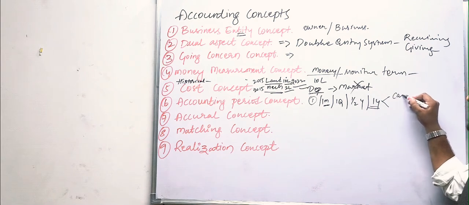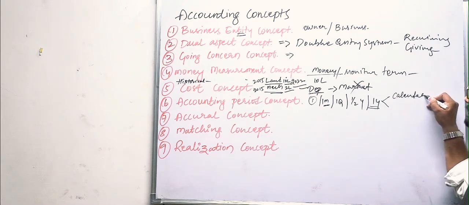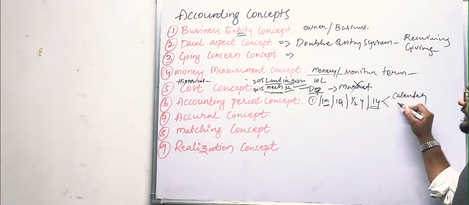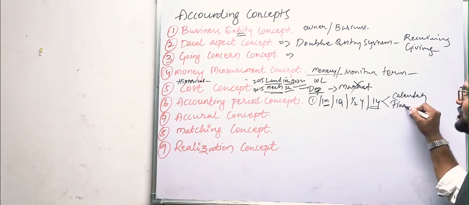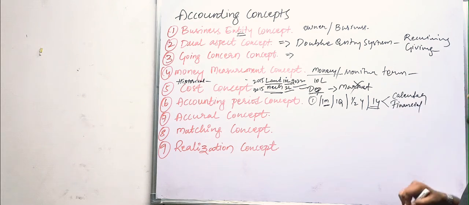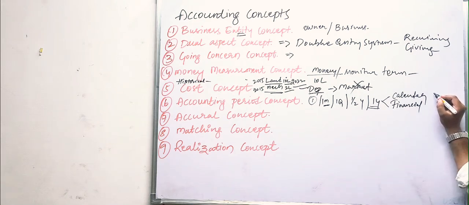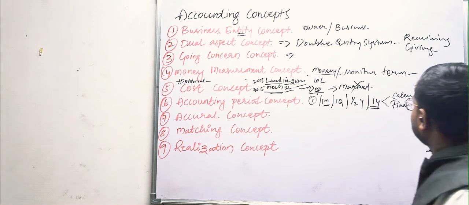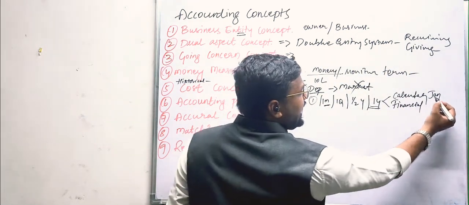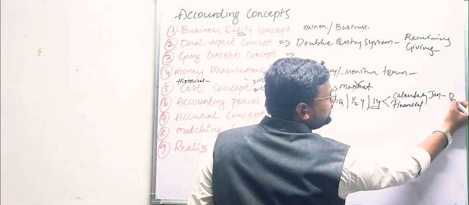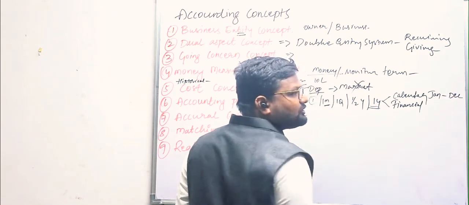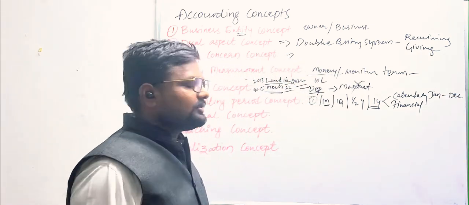And here we follow two concepts. One is calendar year and the other is financial year. What is calendar year? When does the calendar year start? January it will start, and it will end by December. 1st January to 31st December, the calendar year starts and ends.